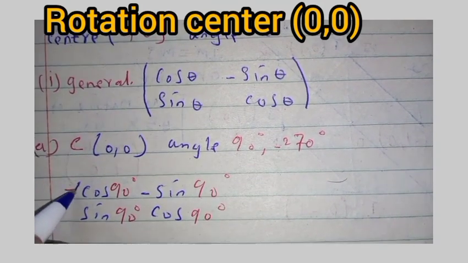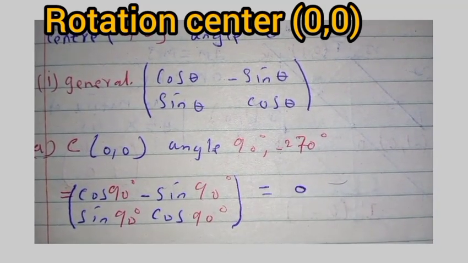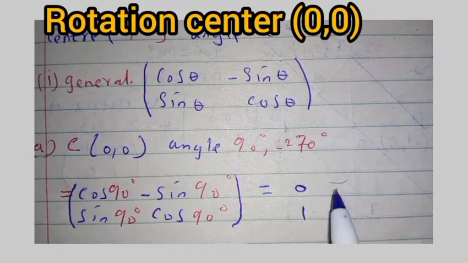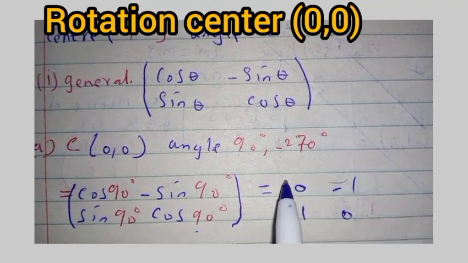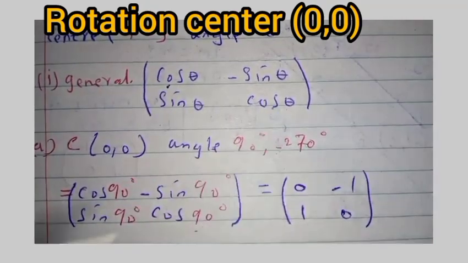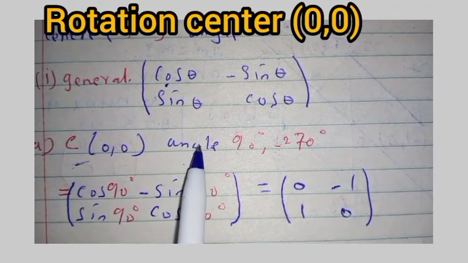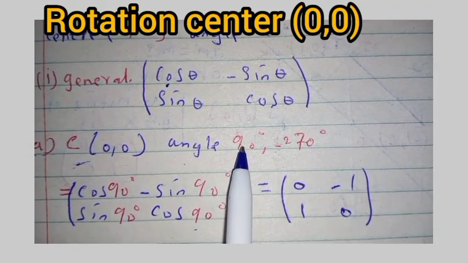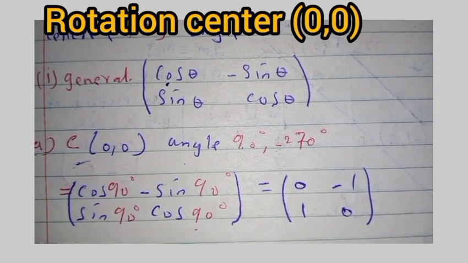So our matrix of transformation will be given by 0, sine of 90 is 1, negative 1, cos of 90 is 0. That is how you simply obtain the matrix of rotation, anti-clockwise in direction 90 degrees, or clockwise in direction negative 270 degrees, center 0 0.